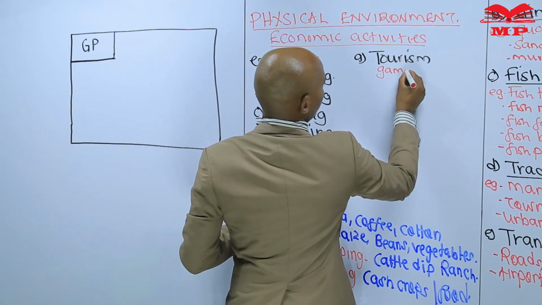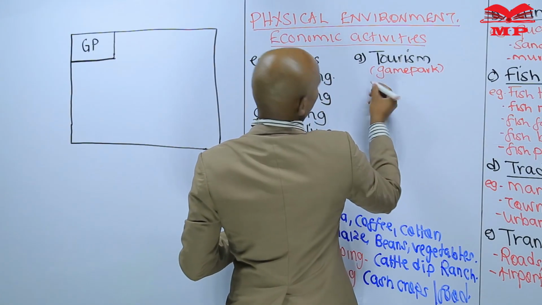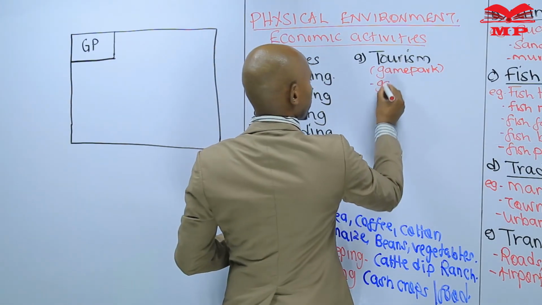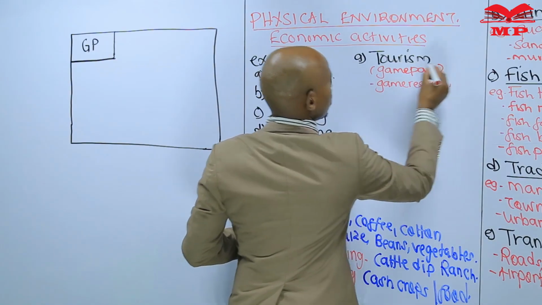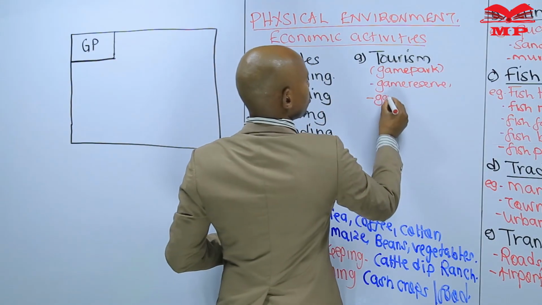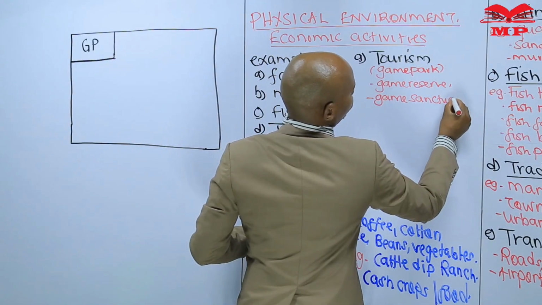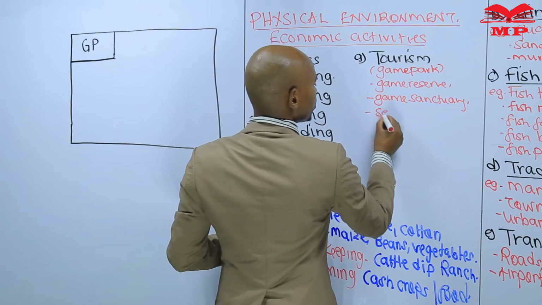So the presence of a game park means there is tourism, and not necessarily a game park; it might be a game reserve or a game sanctuary or sandy beaches.